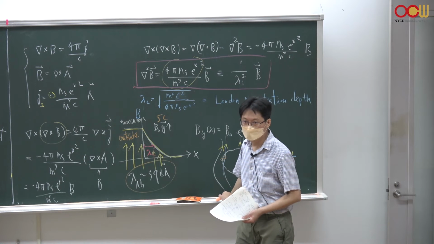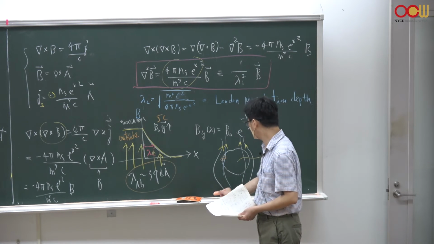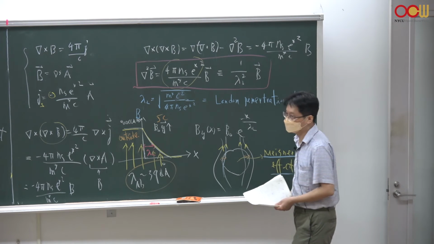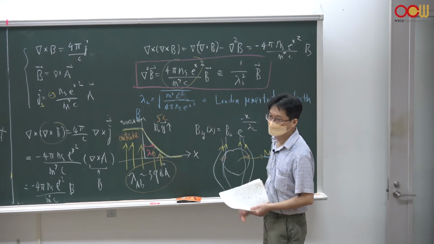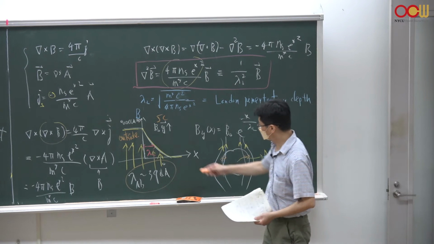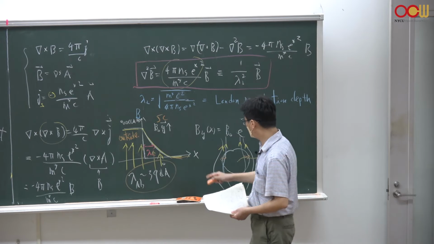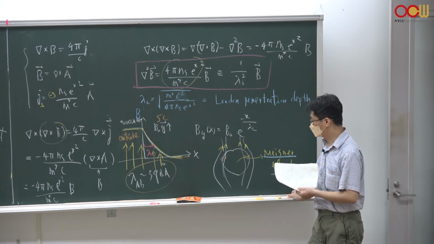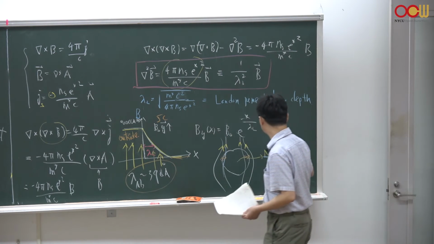So this is really, really tiny penetration depth. The magnetic field can penetrate slightly inside the superconductor, but it cannot stay all the way to the middle of the superconductor, because it will decay very fast. And beyond lambda_L, you see almost no magnetic flux. So that is precisely the Meissner effect.